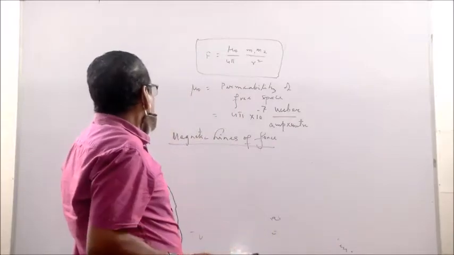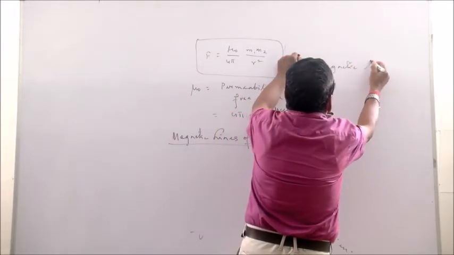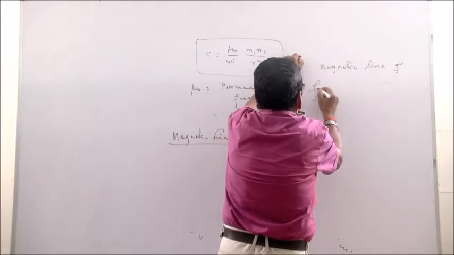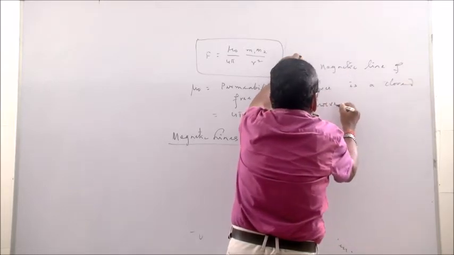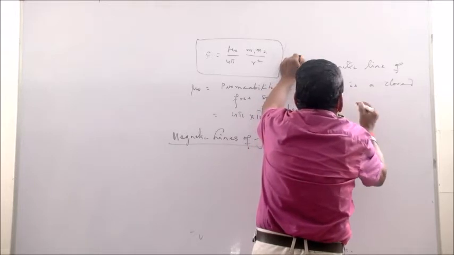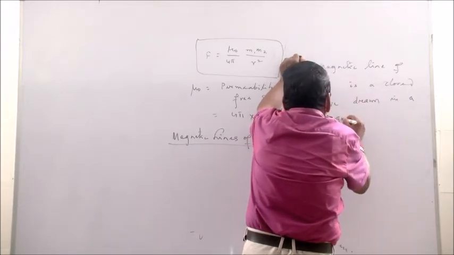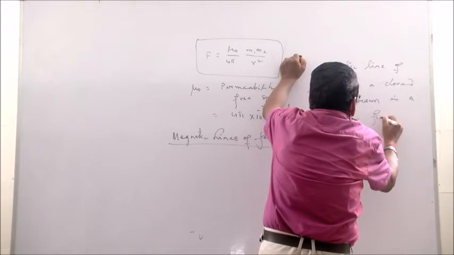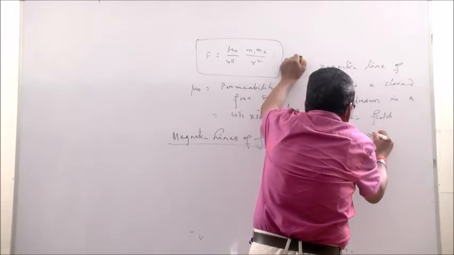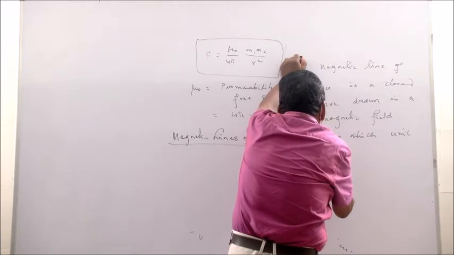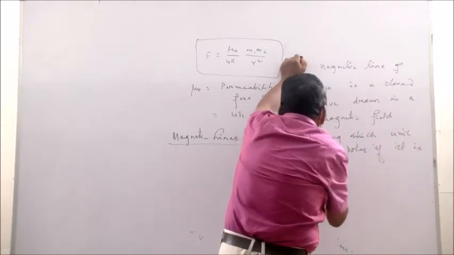So remember the definition. Magnetic line of force is a closed curve drawn in a magnetic field along which a unit north pole moves if it is free to do so.